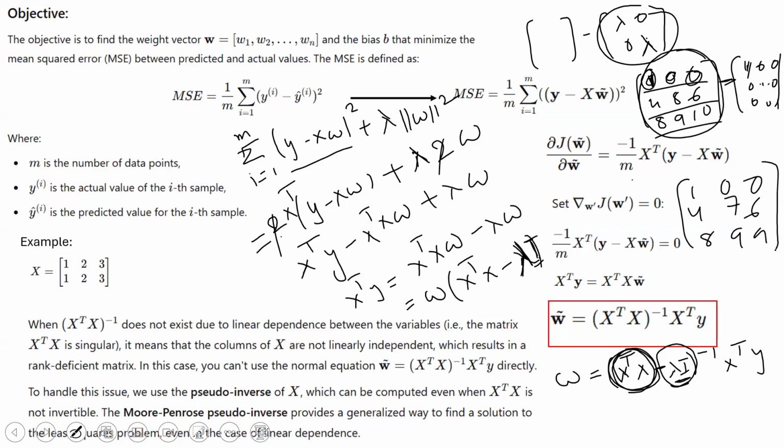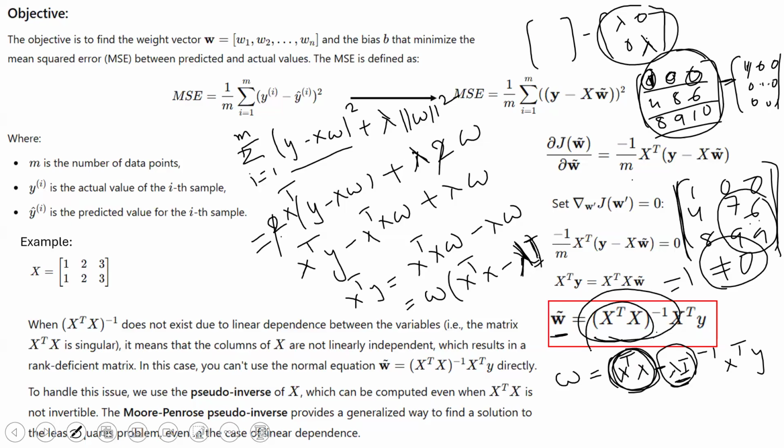So there is a determinant existing for this matrix. You get a determinant that is a non-zero value. So this is how ridge regression avoids not getting a value for w when there is a dependency between the independent variables.